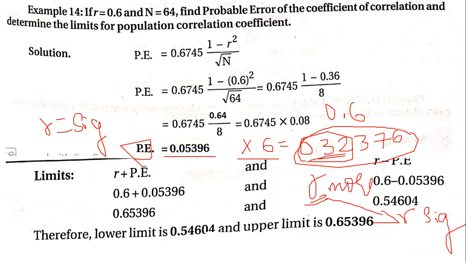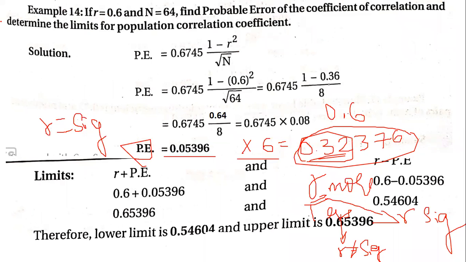If value of R is less, then it means R is not significant. Now, if R is not significant, it means there is no use of using R for the further calculation. You will not get the proper result. Are you all able to follow? Yes? Is everyone able to understand?